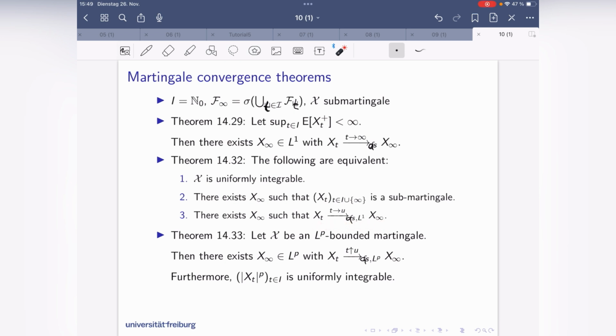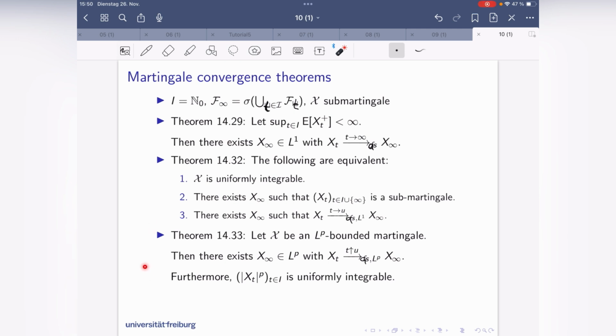But we also have convergence here in L1. And that also means that you can augment the submartingale by the point infinity. And, well, you have that this is also a submartingale, which is a very nice property.